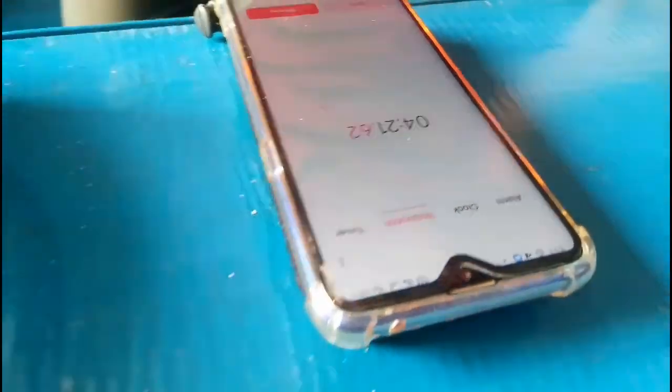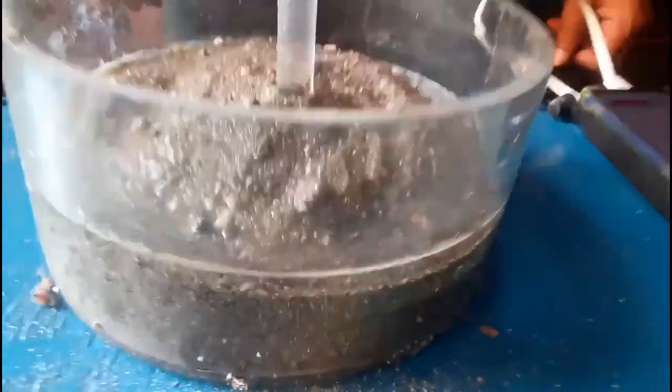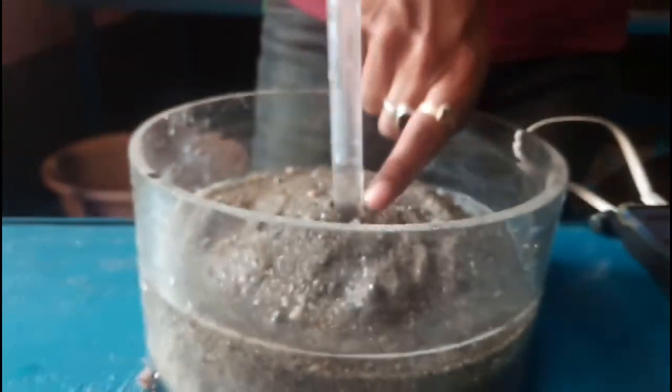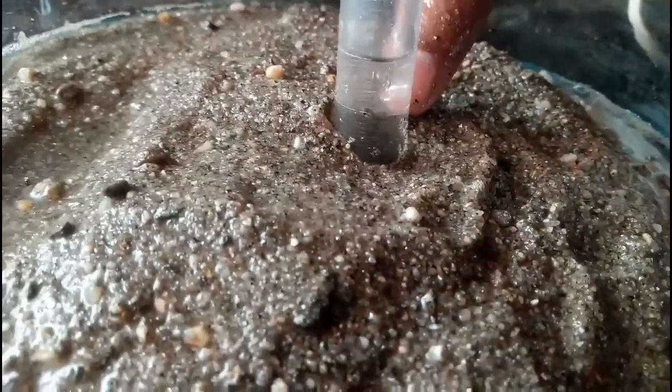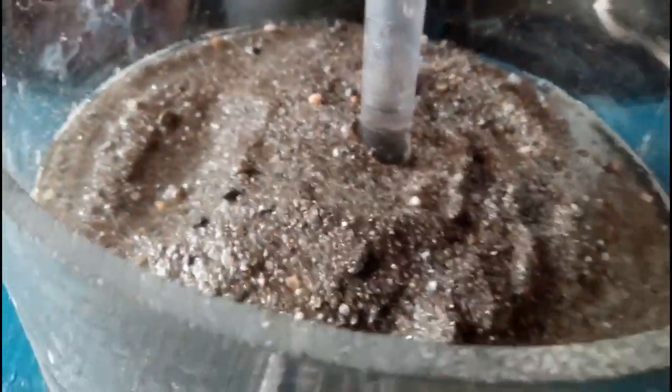See, water is coming to the top of the sand, and as you can see, I am touching the water. So water is coming from the sand. That means water has been absorbed by the sand. Now the extra water rests on the top portion.